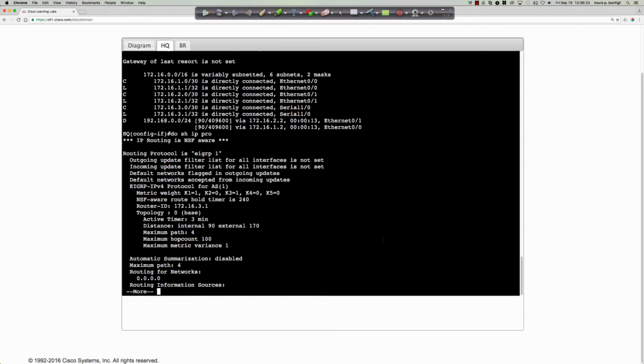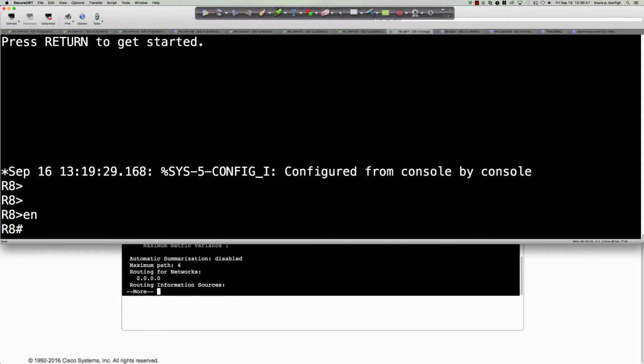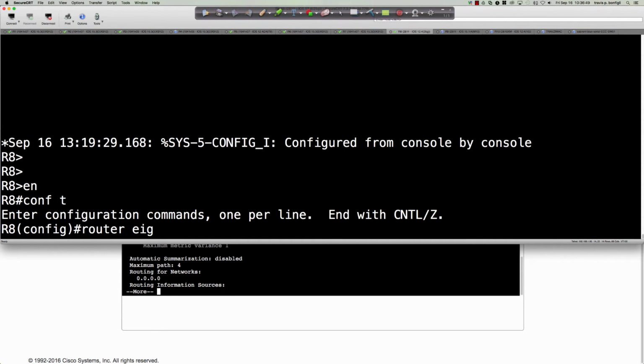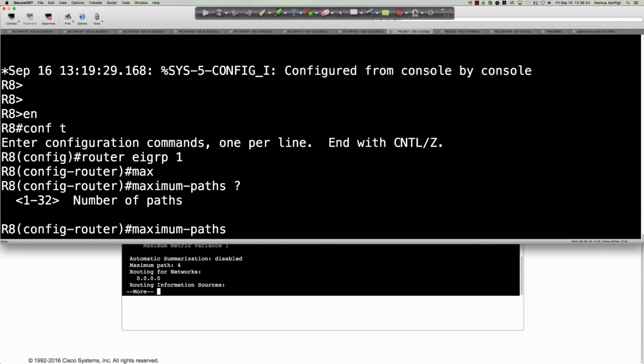I think on most platforms, most IOS or ISR platforms, we can get up to 32. In fact, if I were to take a look on one of my, and that's a 2811 router, so if I were to go into global config, router EIGRP 1, and then say max paths question mark, yeah, we can go from 1 to 32 on that platform.